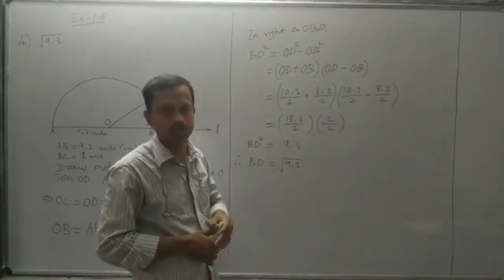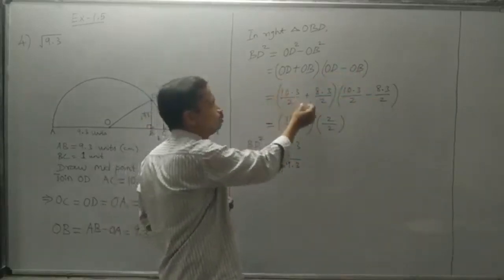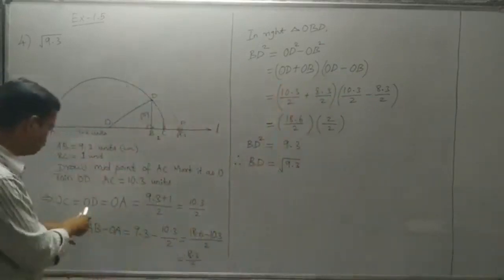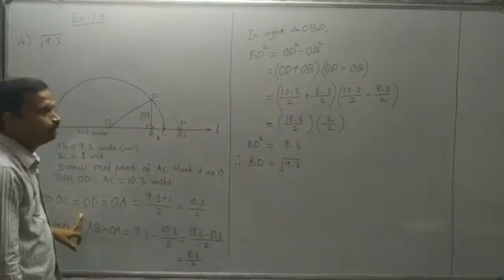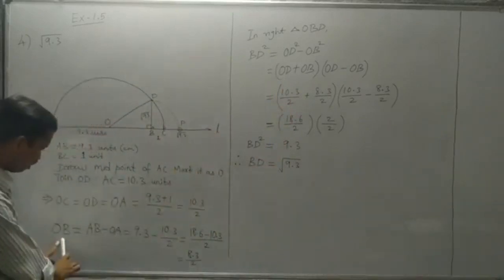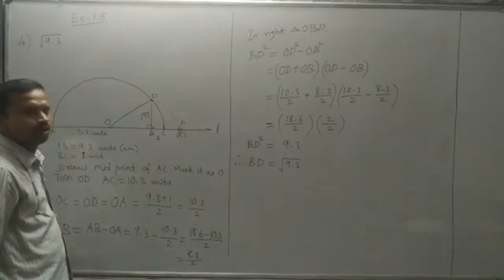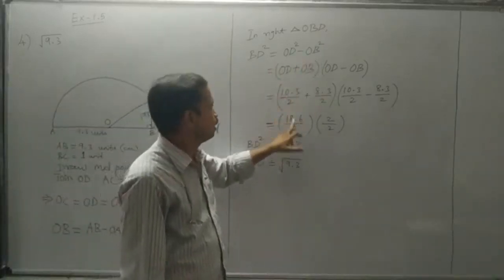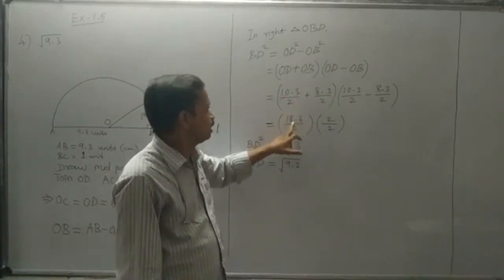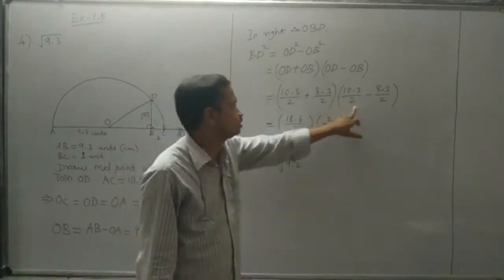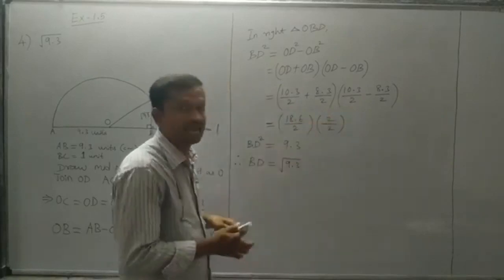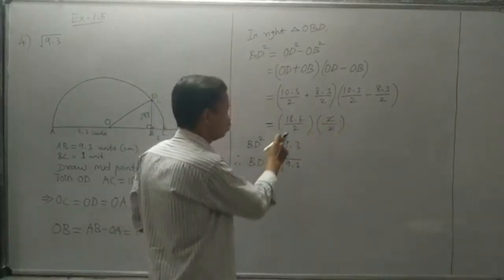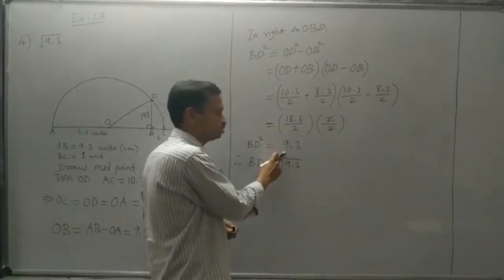OD is 10.3 by 2 and OB is 8.3 by 2. If we simplify, we get 18.6 by 2 into 2 by 2, which becomes 1, and 18.6 by 2 is 9.3.